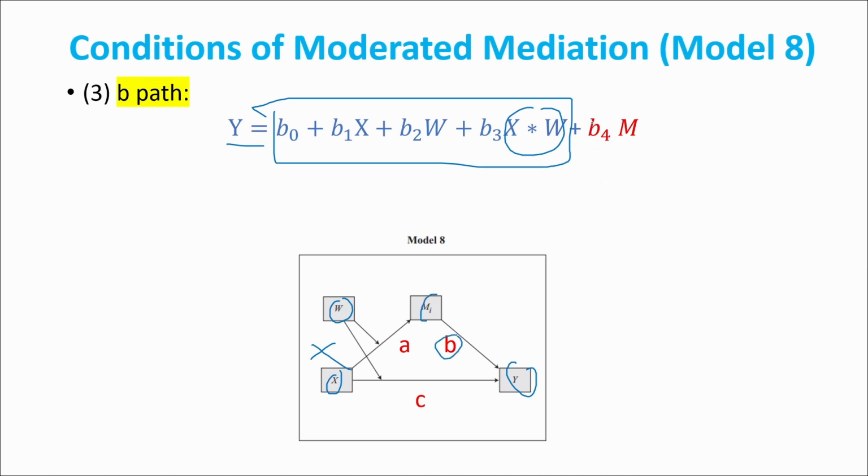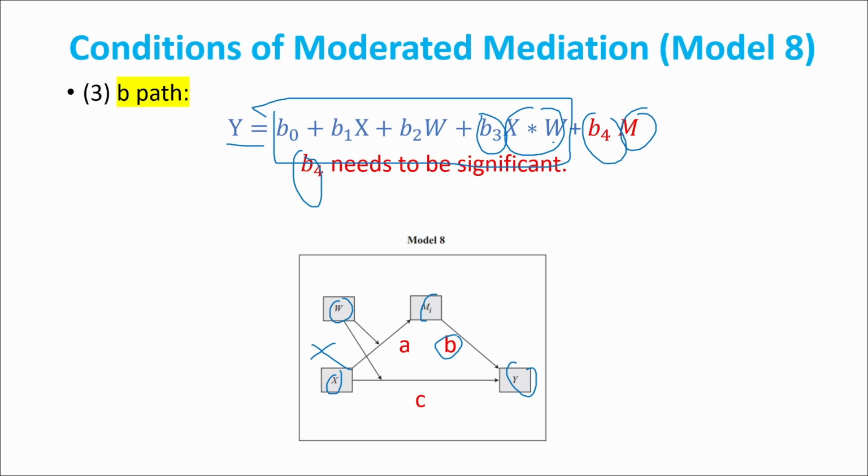And we're going to make sure that the regression coefficient for the mediator is significant. So we need to make sure the B4 is significant. For this regression model, we do not really need to pay too much attention to the B3.